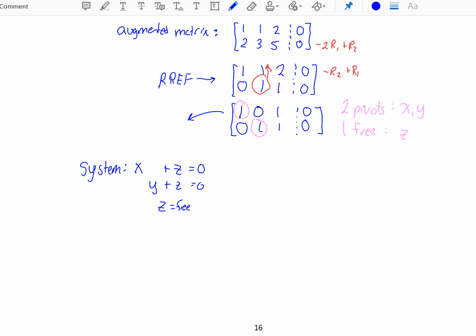And in chapter 3, the way we resolved this is we let the free variable be some other letter like t, and then we solved for our pivot variables in terms of our free variable. So instead of writing x plus z, I'm going to write x equals, I'll move the z to the other side to make it negative z, but I'm going to let it be t. So x is equal to negative t. y is equal to negative t. z is equal to t.